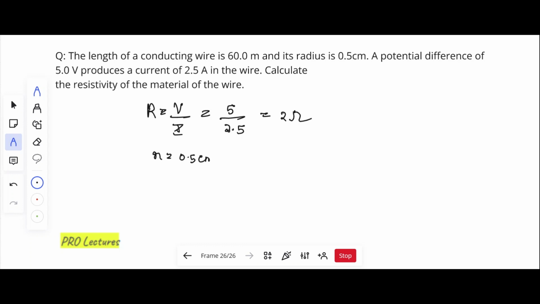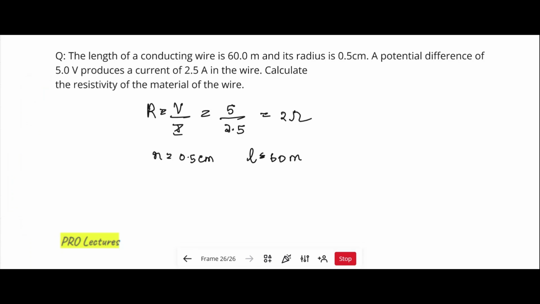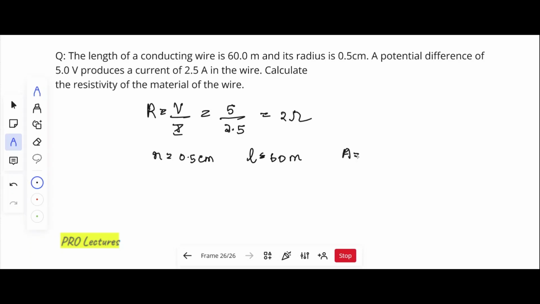Now, given radius r is equal to 0.5 centimeter, length is equal to 60 meter, and area of cross section will be pi r square.